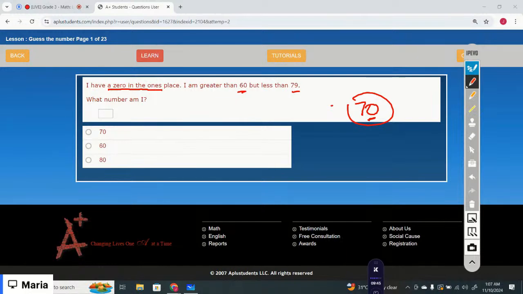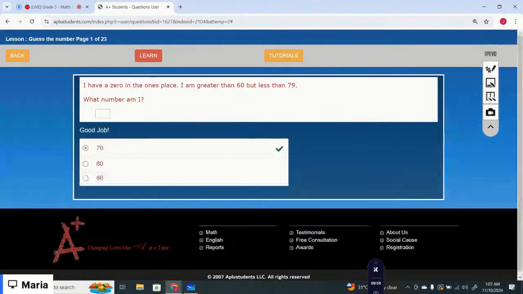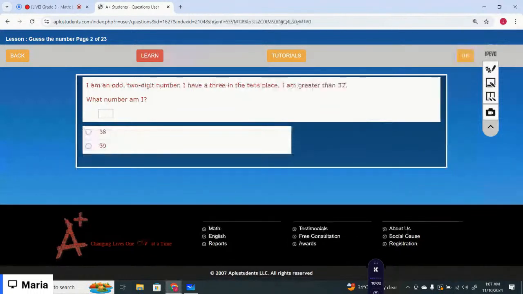So the correct option is 70. Option number 1 is the correct option, right? Okay, let's just move on to the next one. I'm an odd number. I'm an odd two-digit number.